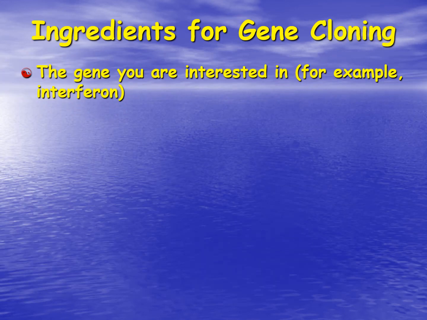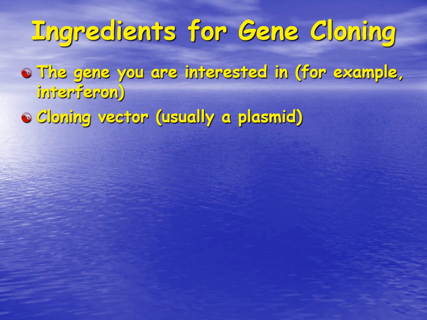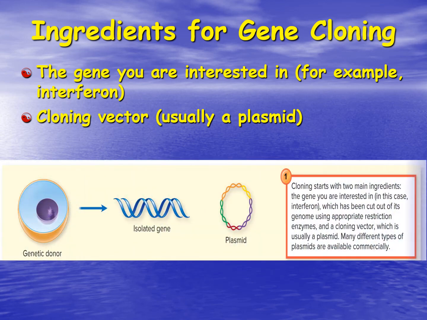So, what you need for gene cloning is the gene that you are interested in, for example, a gene for production of an interferon. A cloning vector, and again, this could be a plasmid or a bacteriophage, depending upon size. And then we simply will put that plasmid into the host.